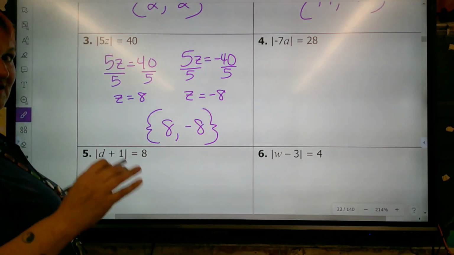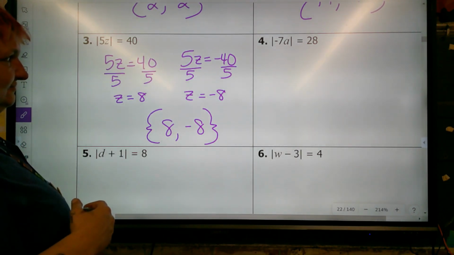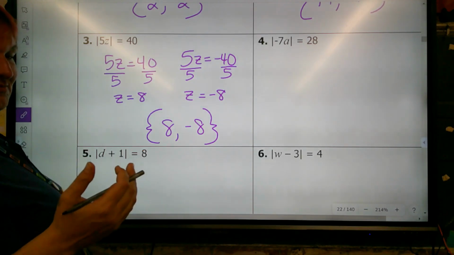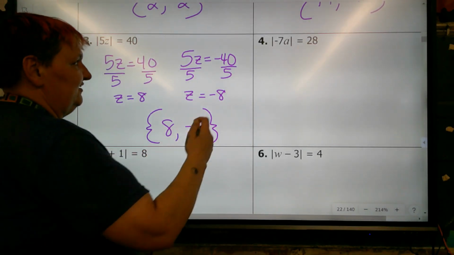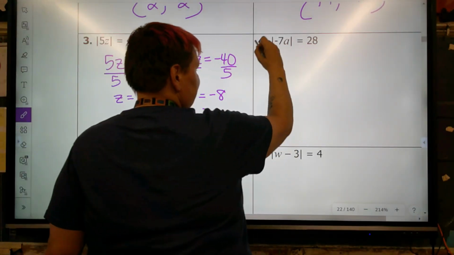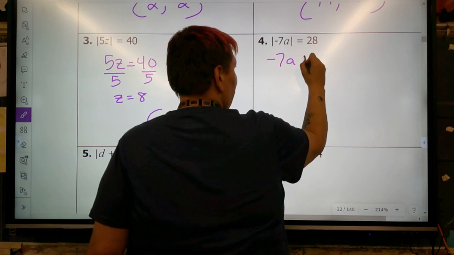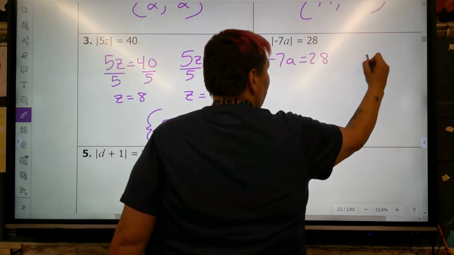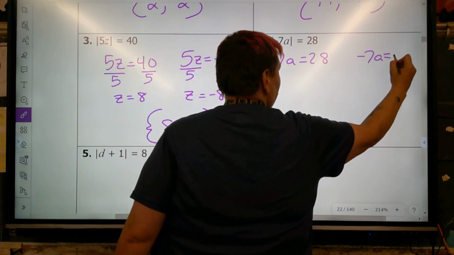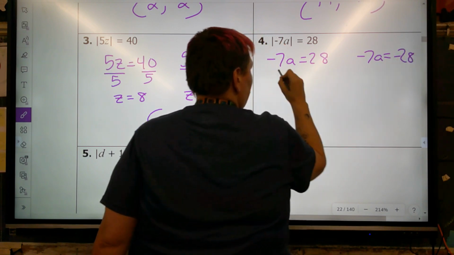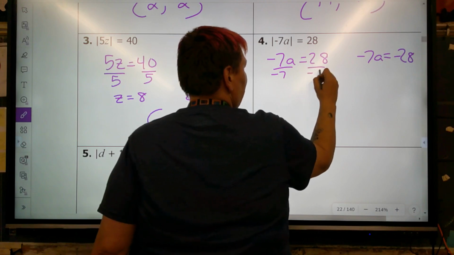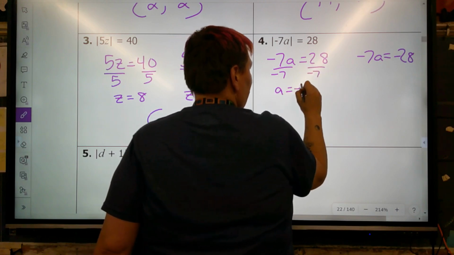Good luck learning how to write that little symbol. If you're an artist, it'll probably come to you immediately, but for me it took forever. Set the inside, there's nothing in front of it and there's nothing behind it, so set the inside equal to the positive and the negative. Then solve. A could be negative 4.